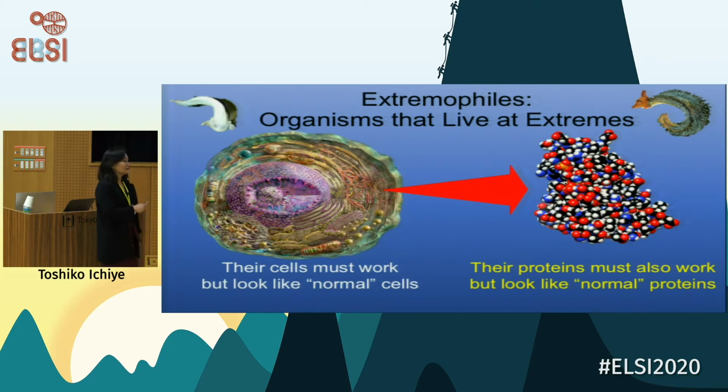Not only do the cells look pretty much like normal organisms, but so do their proteins. Their proteins have to work in order for these cells to work, but they look pretty much like normal proteins. Of course, there are some differences, and we want to understand what those differences are.